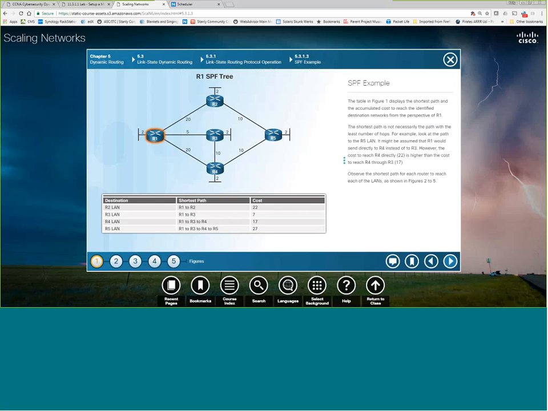R1 has multiple paths to different places. R2 LAN, okay, it's got 22. The R5 LAN is 27, so 20, 37. It should be 37.